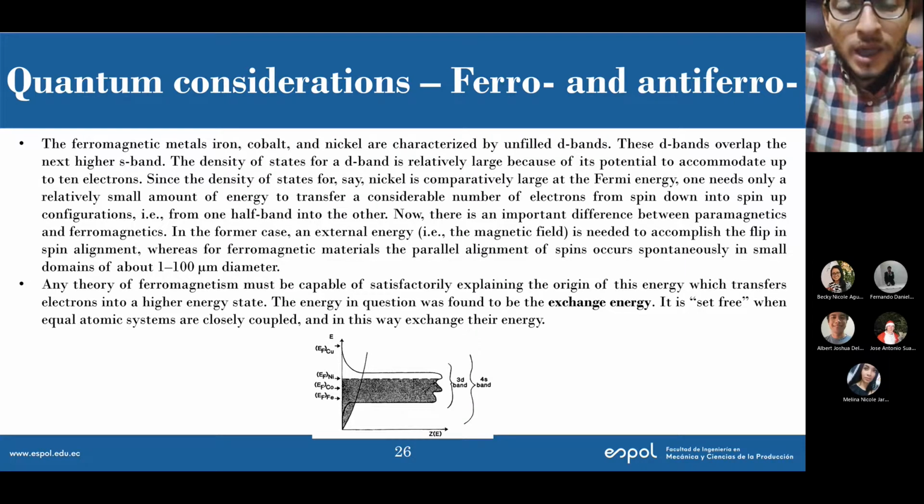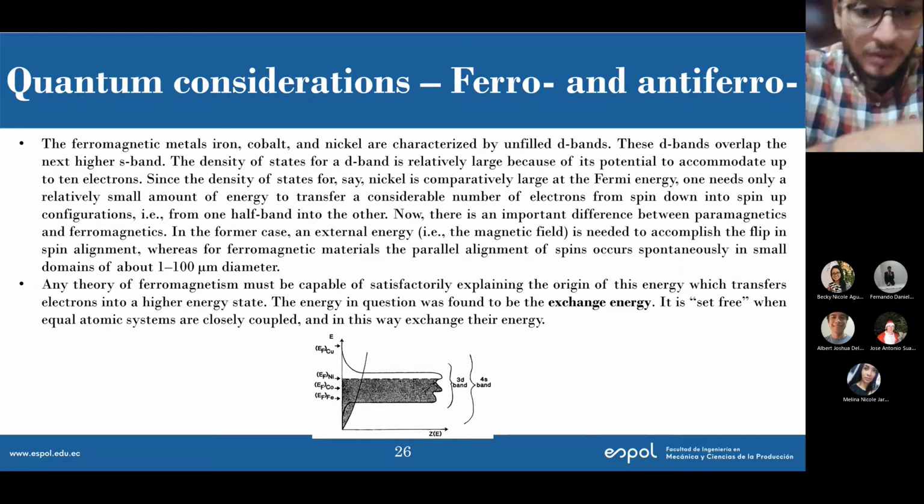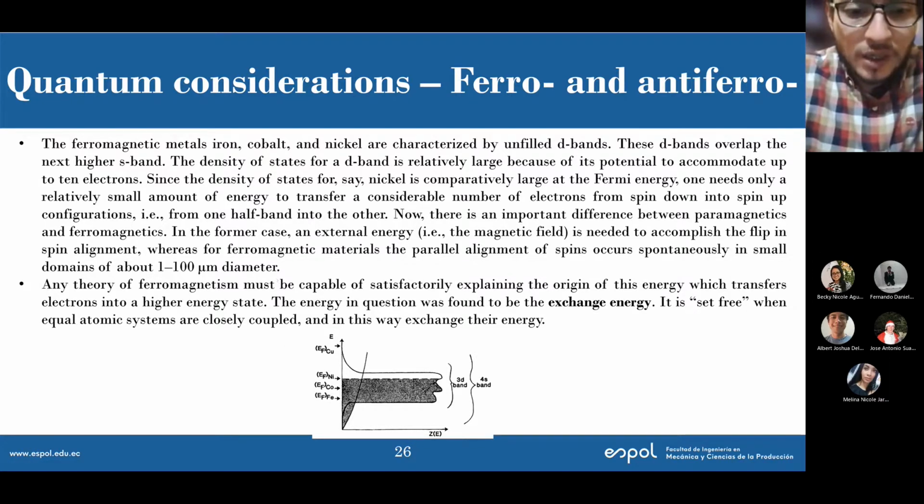And such as in copper, there is an overlap, such as beryllium, sorry, there's an overlap between the D bands and the S bands, right? You can see from the graph there is an overlap of the bands.